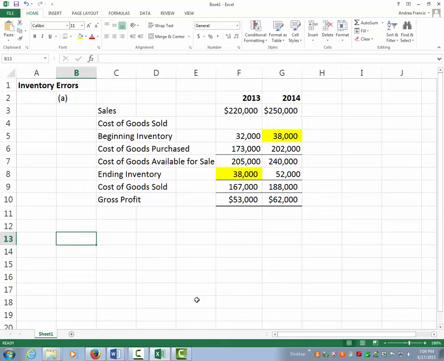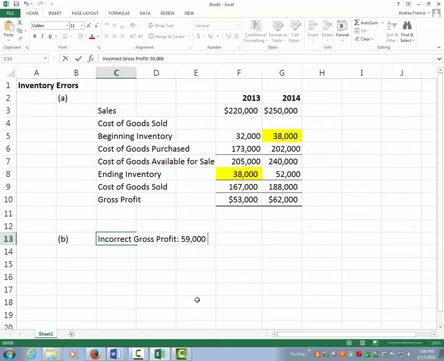So looking at B now, it says, what is the cumulative effect of the inventory error on total gross profit for the two years? Well, let's see, right? What was the gross profit when we had the incorrect numbers? So incorrect gross profit, if you recall, we had 59,000 from the question plus 56,000, and together that is going to equal 115,000.